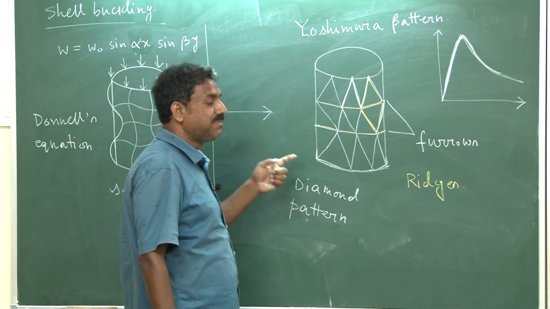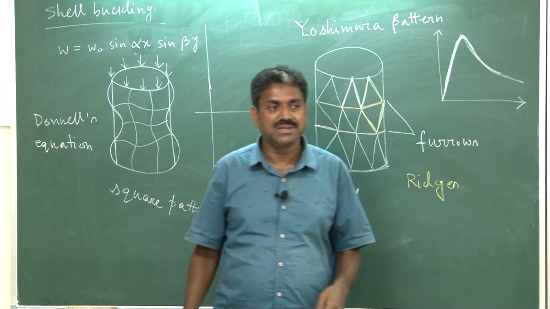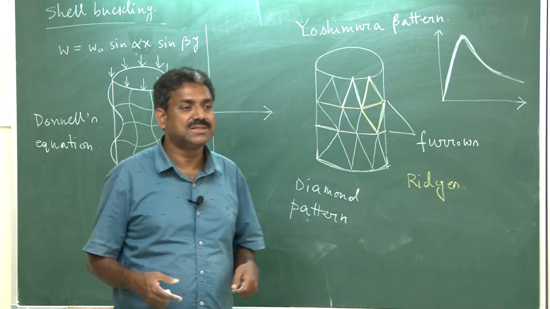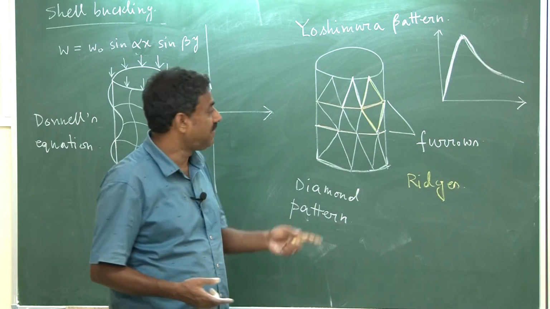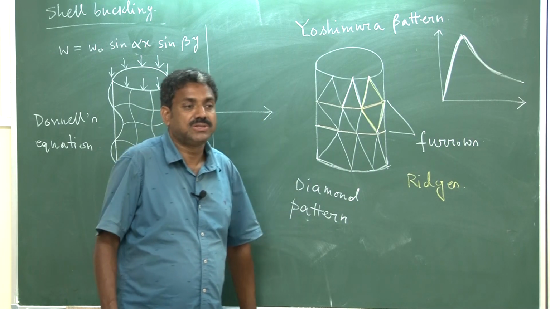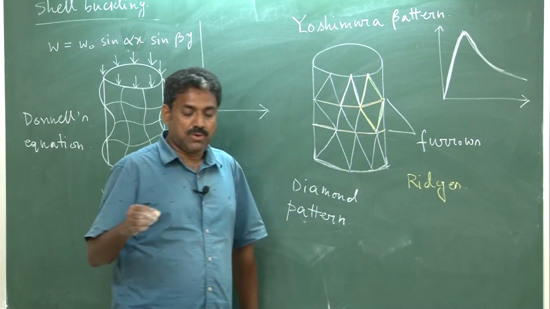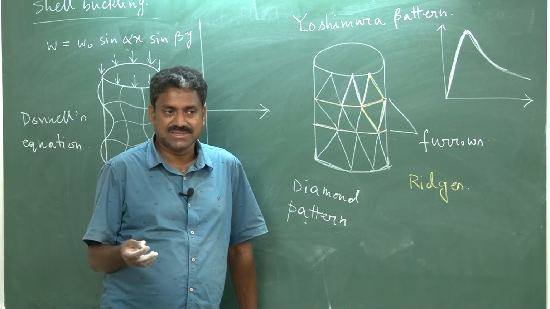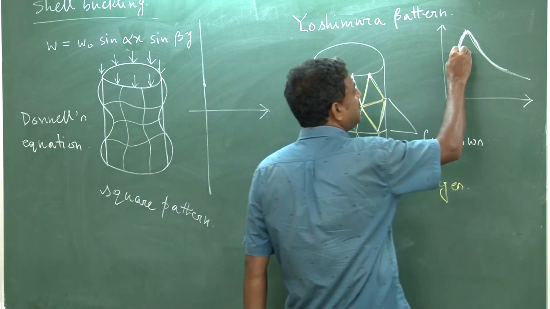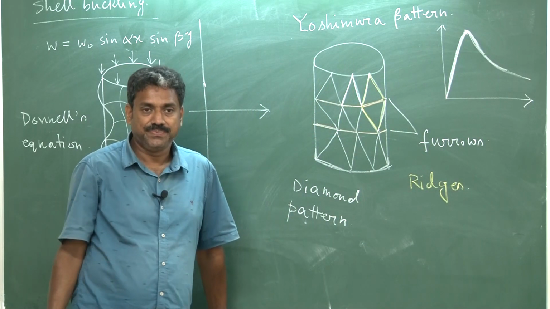But as this membrane strain energy increases gradually beyond a particular level of deformation, that will not be energetically favorable, the bending energy will be energetically favorable, and it will suddenly drop to this Yoshimura pattern. You understand? So, that regime of membrane strain energy, the load increases and then after that it decreases because of the formation of the Yoshimura pattern. You understand?